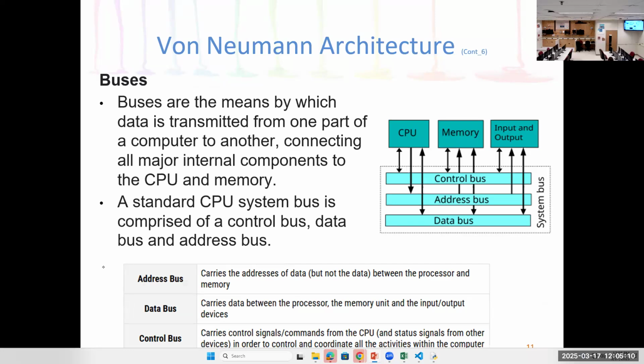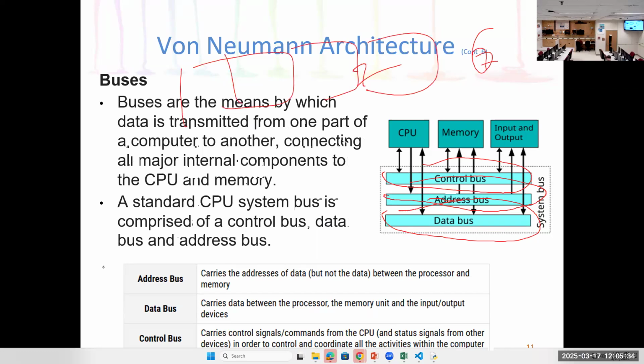So basically, the bus breaks down into three categories here. The first one is control, the second one is address, and the third one is data bus. The address bus tells you exactly where you get the data, right? Think about you have number 7 and number 6, but you store them into multiple slots in the memory.